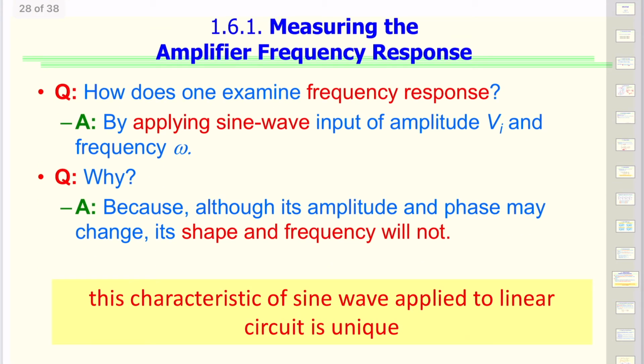Now, when we are dealing with DC circuits, we are just worried about amplitudes. But when we are dealing with AC signals, another important way we characterize the amplifiers is in terms of their response to the input sine wave signals.